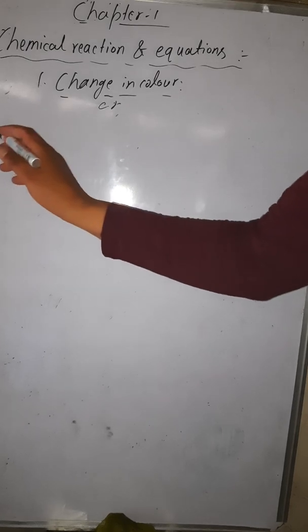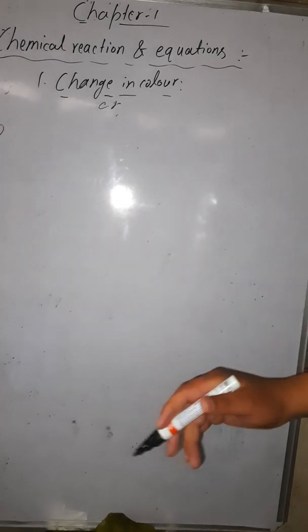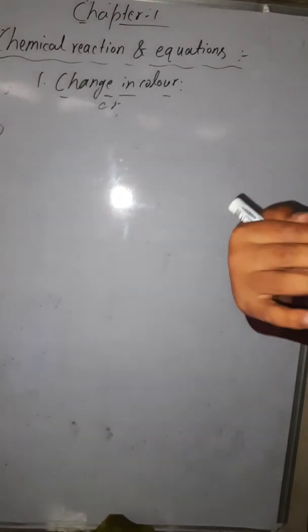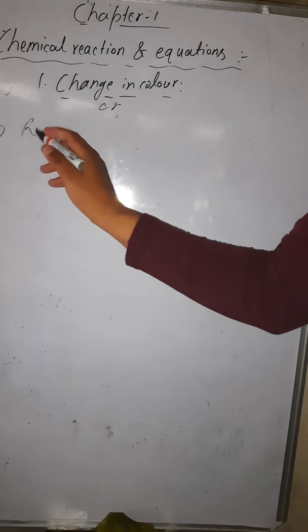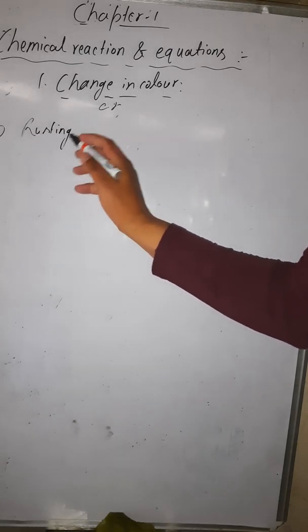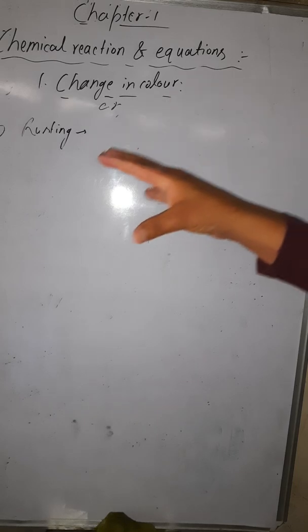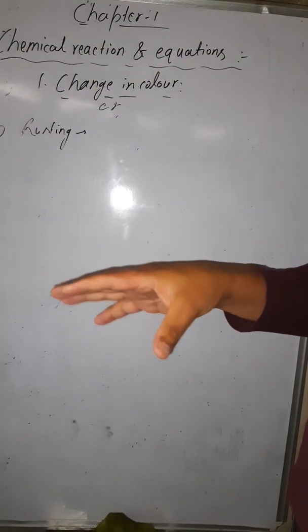Example number 1, we will study with this example. Have you read about rusting? What is rusting? It means when iron comes in contact with oxygen and water.